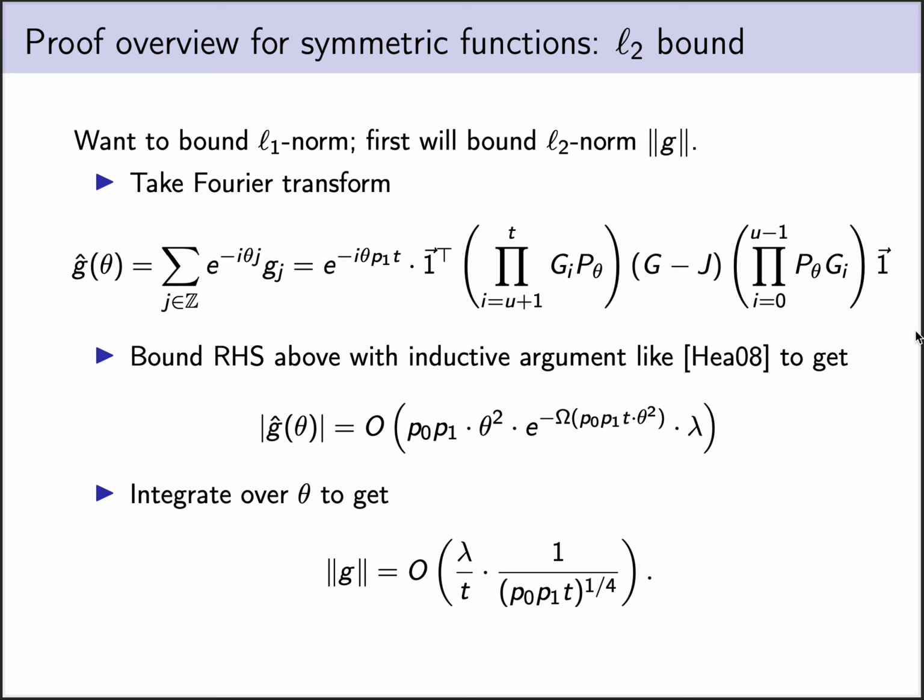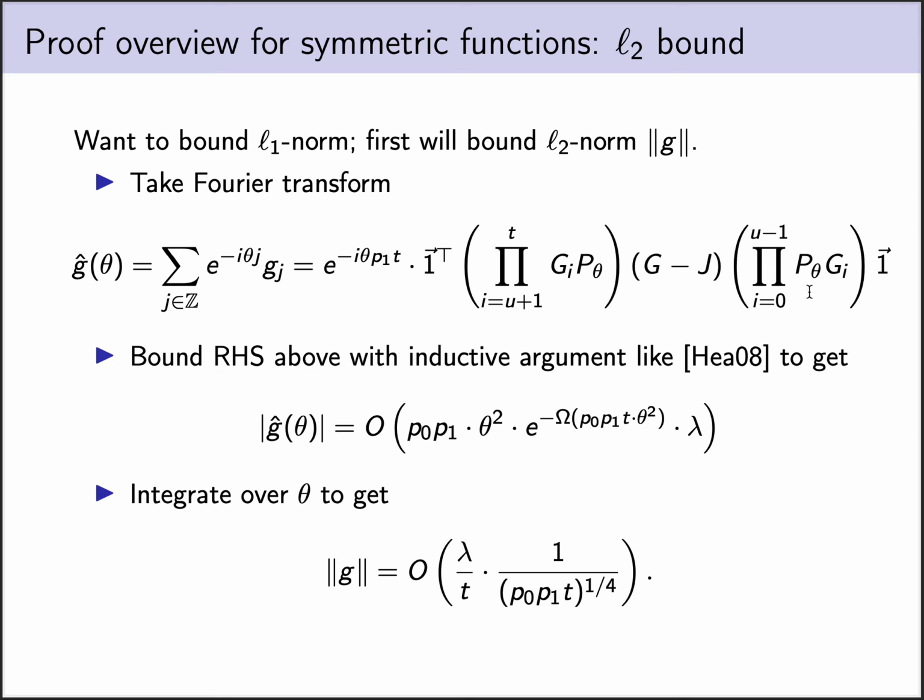And so I guess our goal is to bound the L1 norm of g. First, I'll show how we bound the L2 norm. First, we take the Fourier transform because Fourier transforms preserve L2 norms. And then we get this linear algebraic expression for the Fourier transform. I guess I wouldn't try to follow all the math in this slide, but we had a similar expression for permutation branching programs.